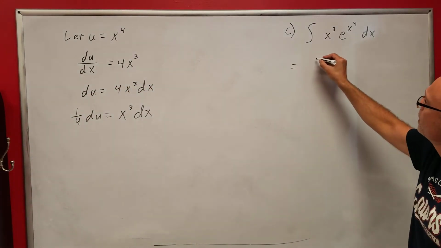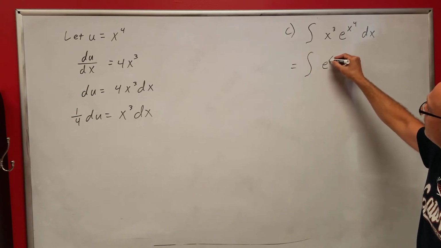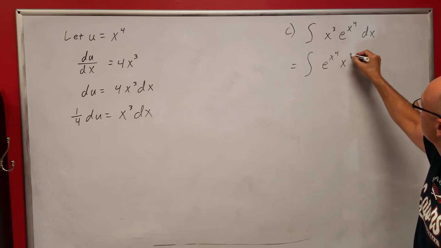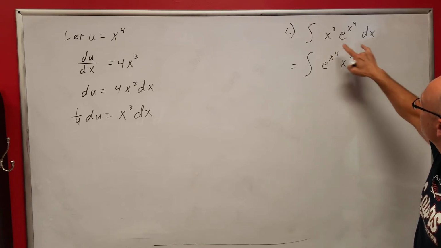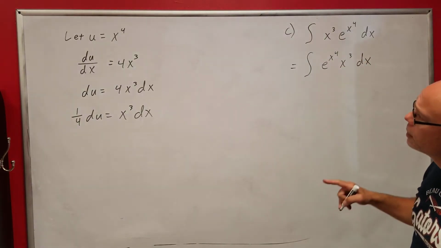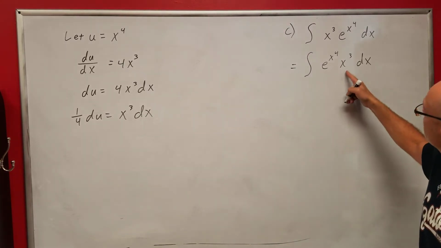All right, so let's do a rewrite here, okay? Let's call this e to the x to the fourth times x cubed dx. Now, all I did was commute these two terms around. And why did I do that? Because I want to have x cubed next to dx.